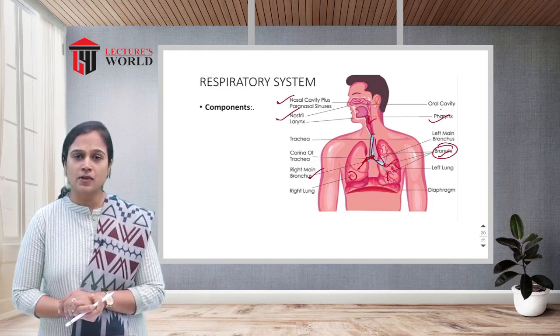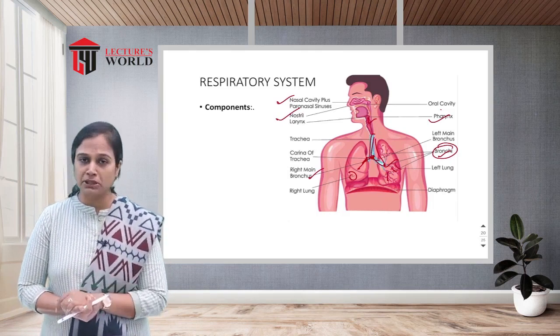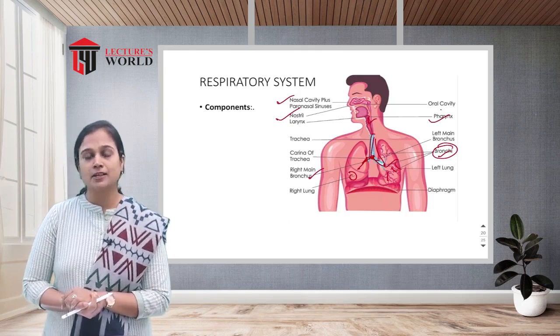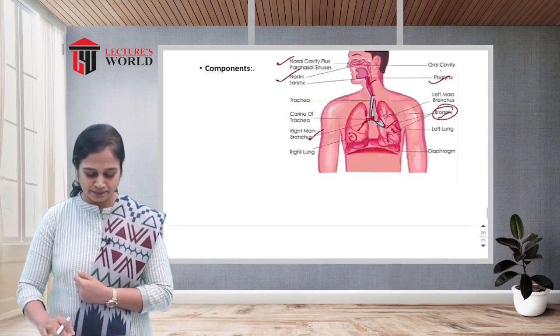The lungs also have lobes. The right lung has 3 lobes, whereas the left lung has 2 lobes. So these are the organs of the respiratory system.